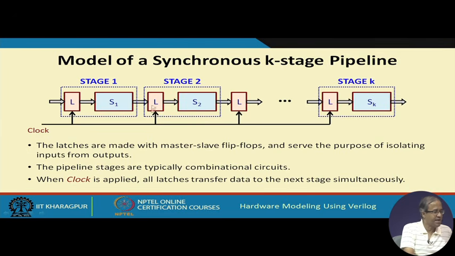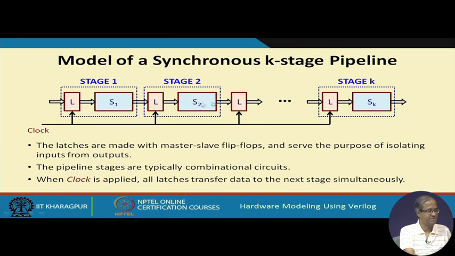Now, if this latch was not there, then while S1 is working on the next data, the output could be changing. So, the input of S2 could also be changing, resulting in wrong computation. So, we are using the latch to hold the previous data temporarily, so that while S2 is processing, the data does not change.